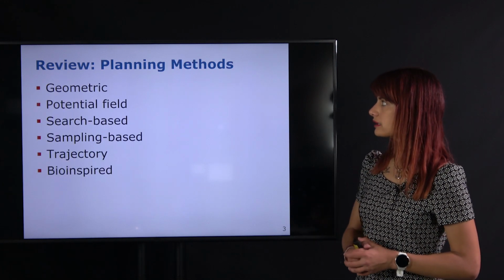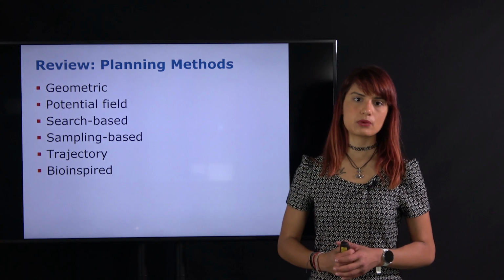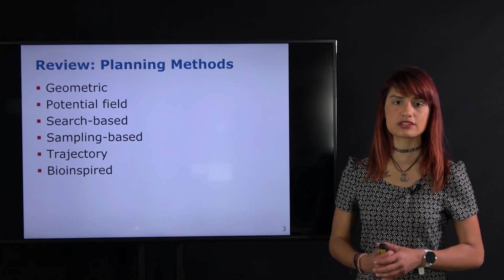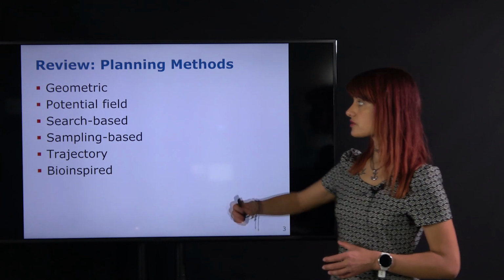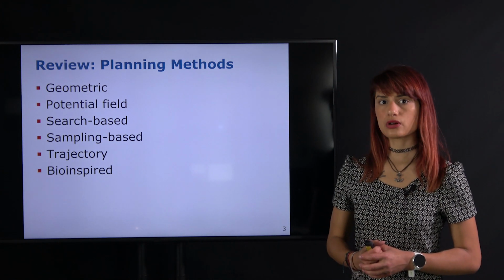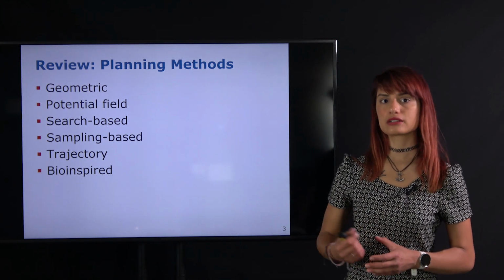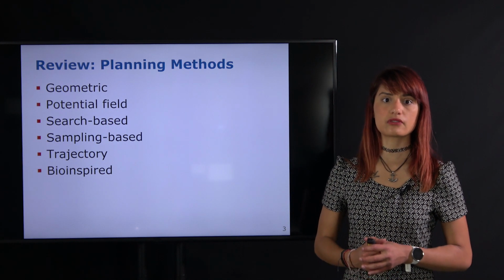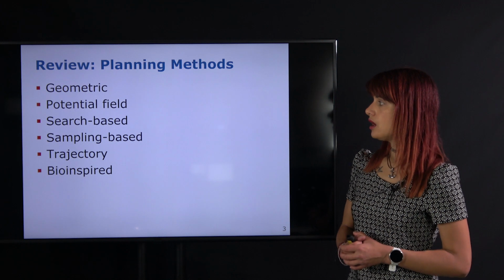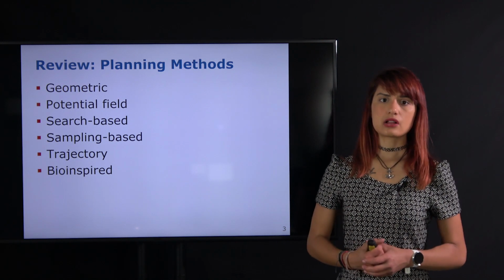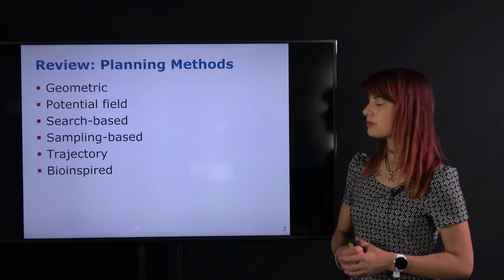To recap again, here are some of the planning methods that we encountered in previous lectures. A previous lecture especially focused on search-based techniques, which operate on discrete graph-like representations of the environment. And with these methods, we used a search-based algorithm in order to find feasible paths.